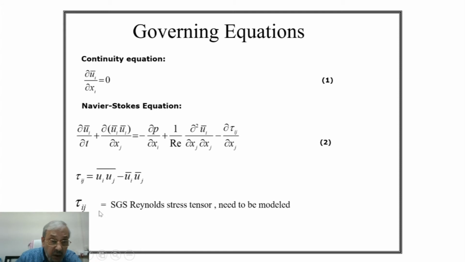So this tau ij is called the subgrid scale Reynolds stress tensor, and this requires to be modeled.